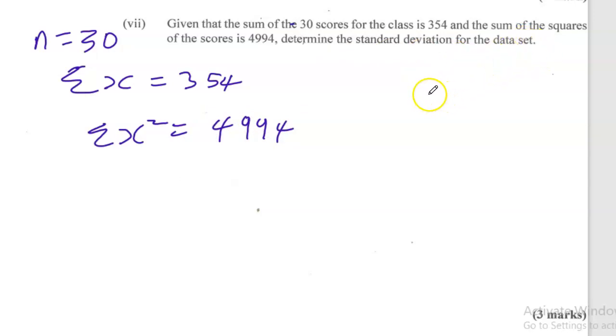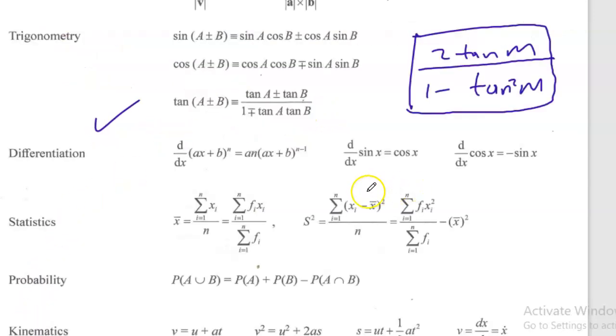Now, in the formula sheet there is a formula for standard deviation. Let's look at the formula sheet. S squared, S representing standard deviation. We are given two formulas there, but based on the information, this looks like the one we're going to be using.